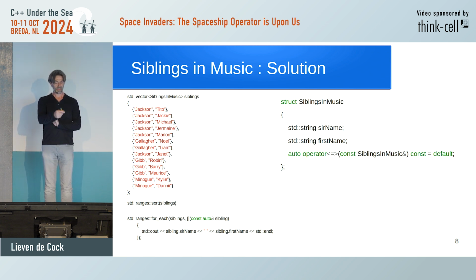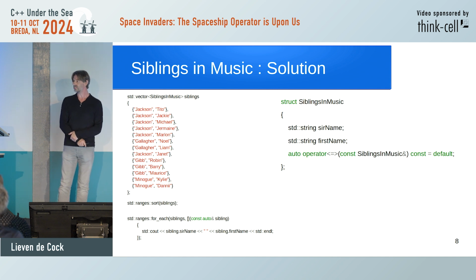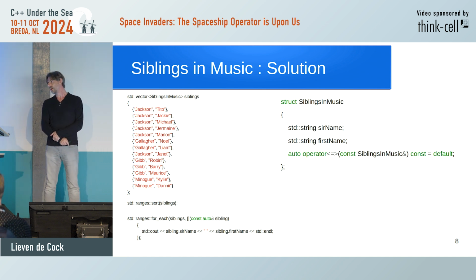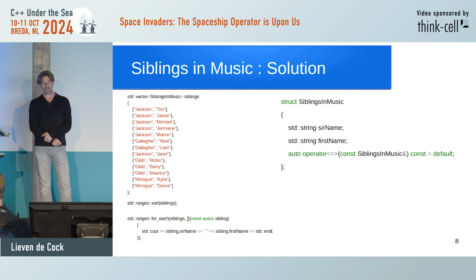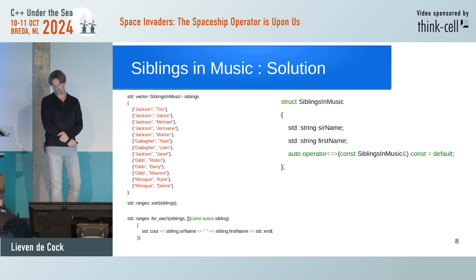We have the database, a vector of siblings. Let's use C++20 ranges sort, and we use a little lambda. The surname is the first key, first name is the second key, and the struct has the two members, and let's use the spaceship operator, which takes in the other thing to compare to by const reference.